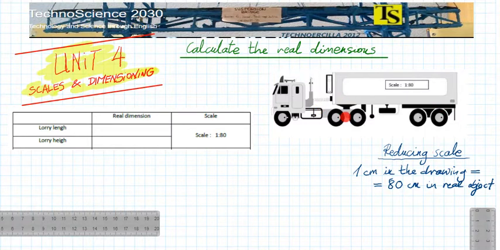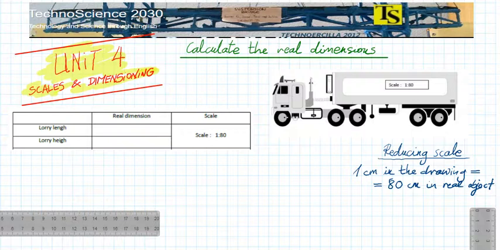So in a reducing scale like this with 1 to 80, every centimeter in the drawing represents 80 centimeters in the real object. So the way to calculate the real object is just by multiplying by the ratio of the scale.